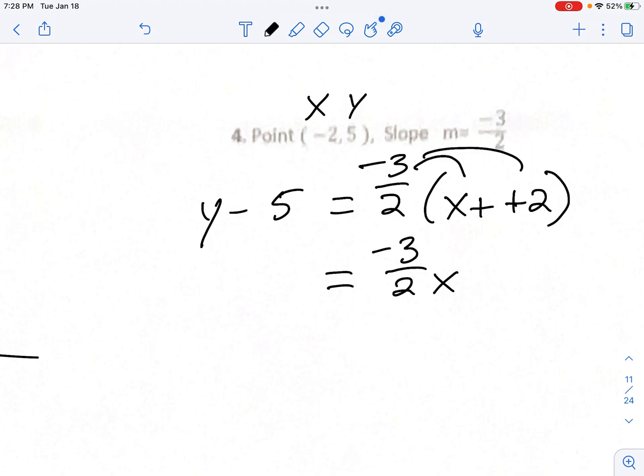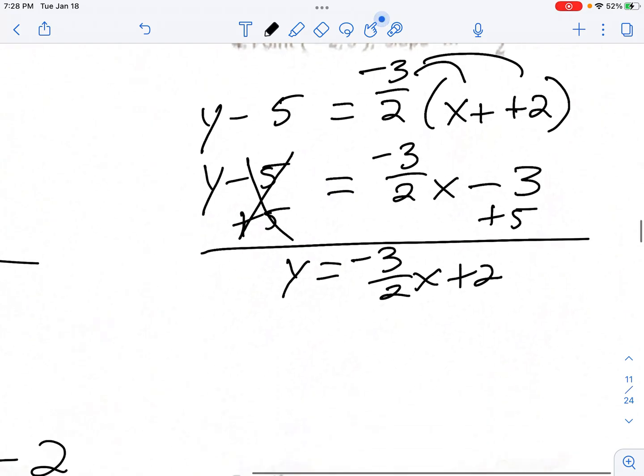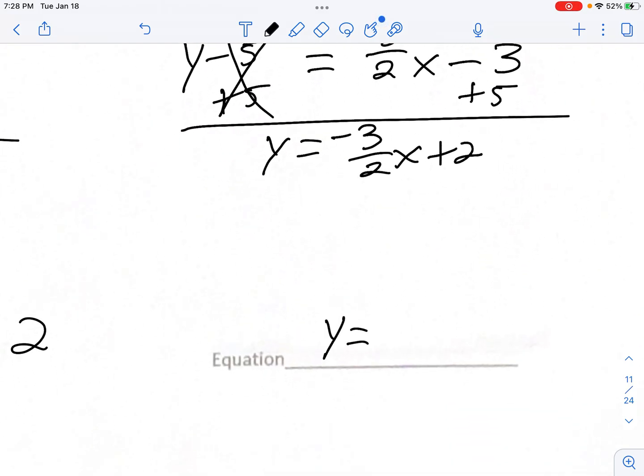Now what we've got is negative 3 over 2 times 2, which is going to be negative 3. Drop this down, add the 5 to the other side. That way that's now gone. We get y equals negative 3 over 2x, and then that would be plus 2. So that's my equation.